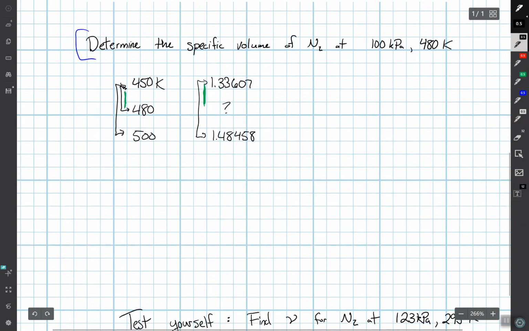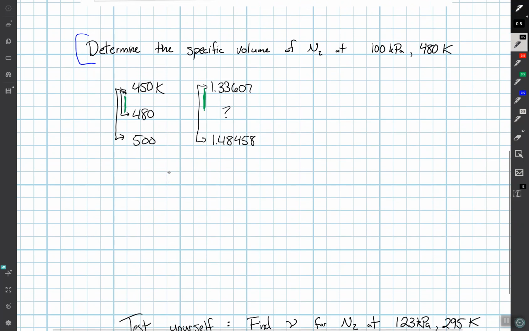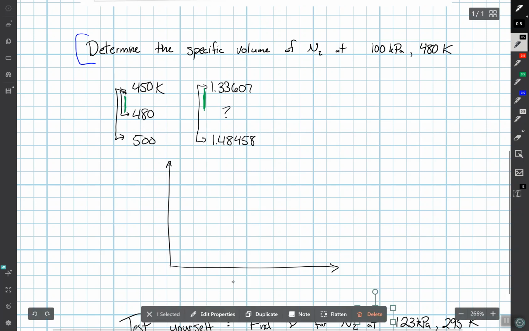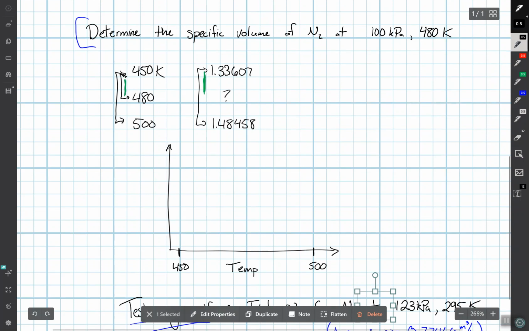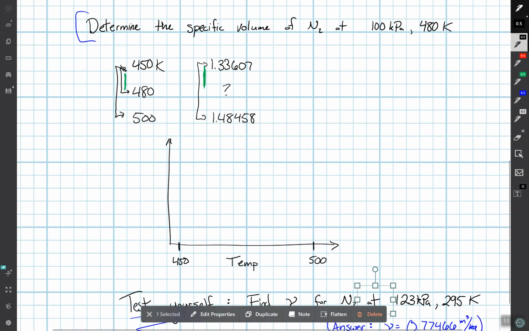Let's draw it graphically just to make sure we're all on the same page. We have a graphical representation where our independent variable is temperature. So we have data here at 450, here at 500. We're looking for right here at 480.